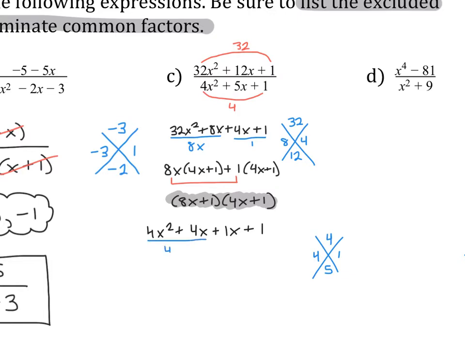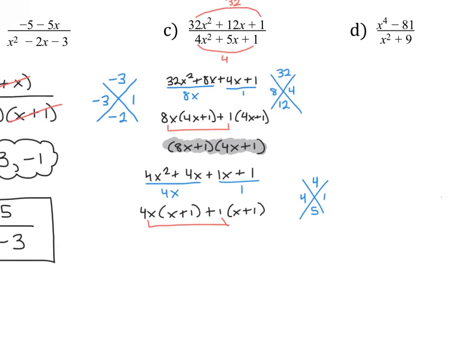Here we have a GCF of 4x. Here we have a GCF of 1. So it leaves us with 4x times x plus 1 times x plus 1. And these will group into their own factor.